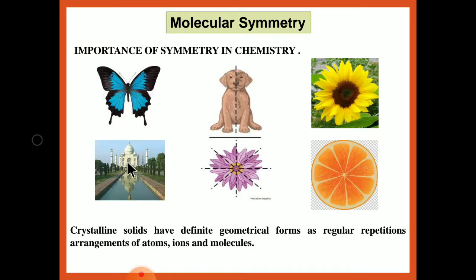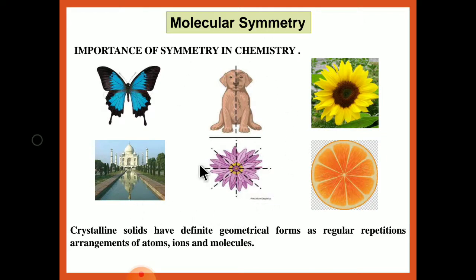In a similar way, one of the wonders of the world is the Taj Mahal. If we cut the construction into two equal halves, the first part is exactly equivalent to the other part. So we can also say that the Taj Mahal possesses symmetry.